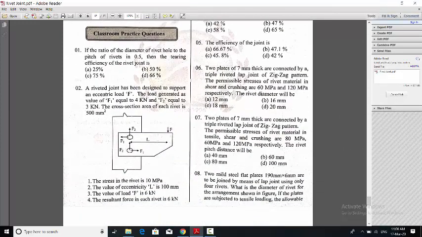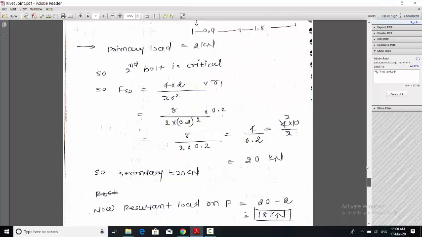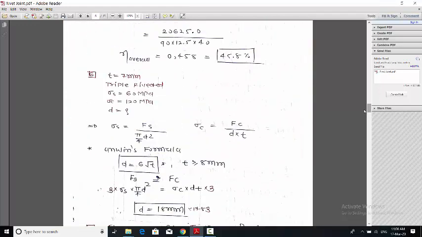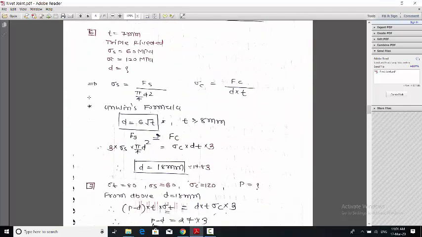Two plates of 7 mm thickness are connected by a triple riveted lap joint, a zigzag pattern. The permissible stresses of the rivet material in shear and crushing are given. You have to find out the rivet diameter. To find it, they give the crushing as well as the shear stress. The Unwin formula says D is equal to 6 root T if T is greater than or equal to 8 mm, but here they have given T as 7 mm, so we cannot use this formula.